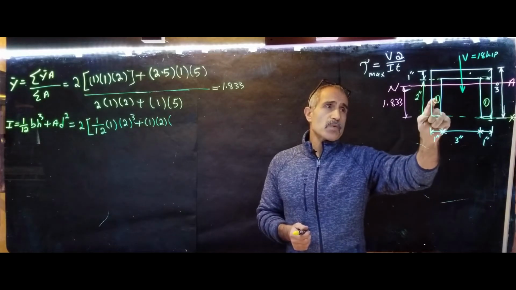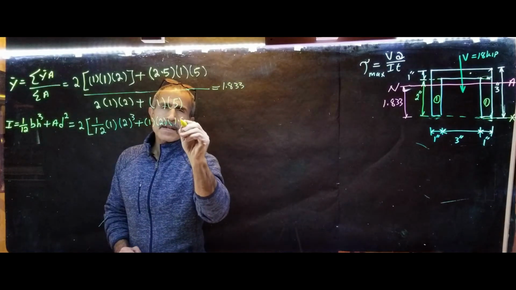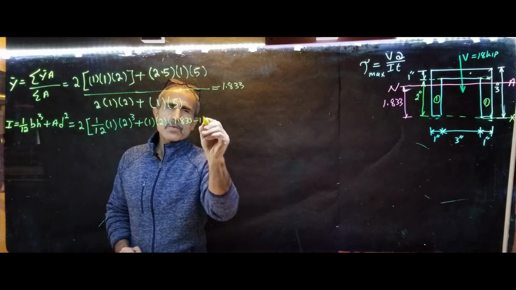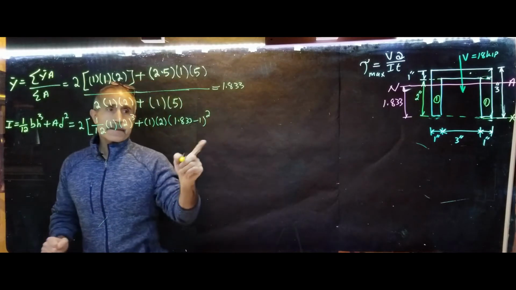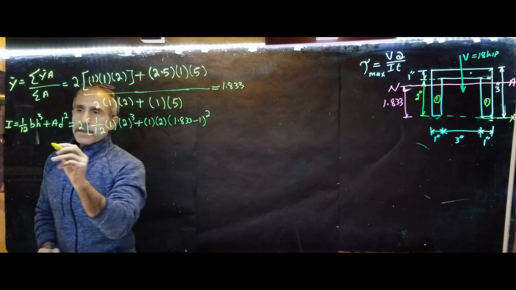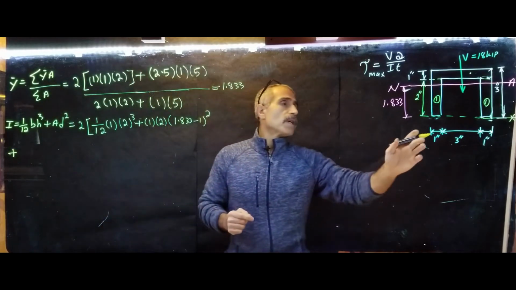The center of the shape is 1, the neutral axis is 1.833. So it's 1.833 minus 1, squared. All right, that was for shape 1 and 2.